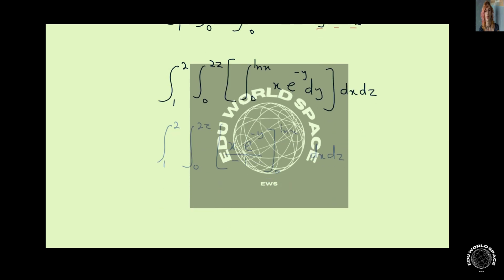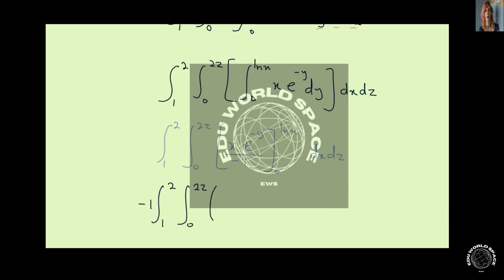So here the negative can actually come out. Let's have negative one here, integral from 1 to 2, then integral from 0 to 2z.